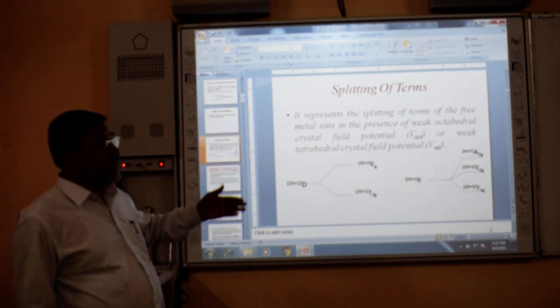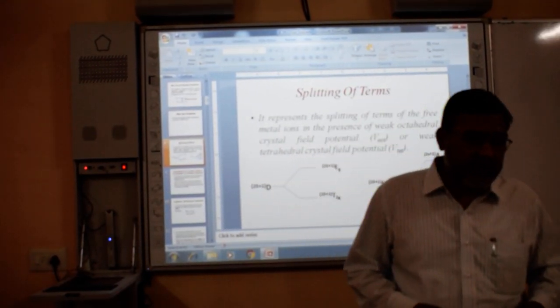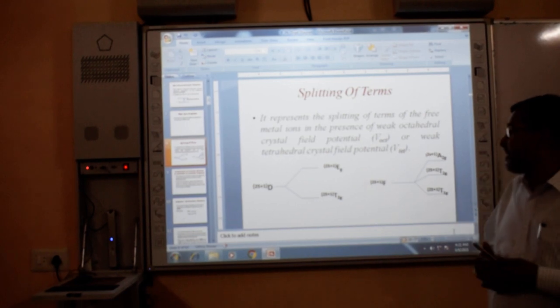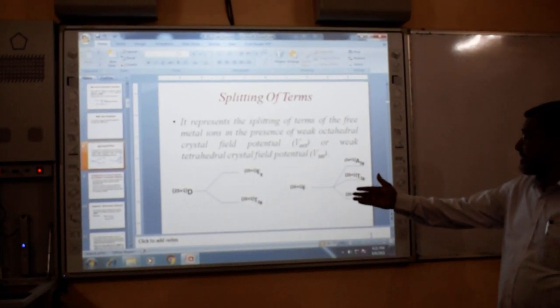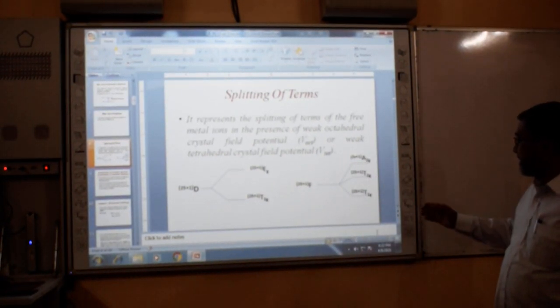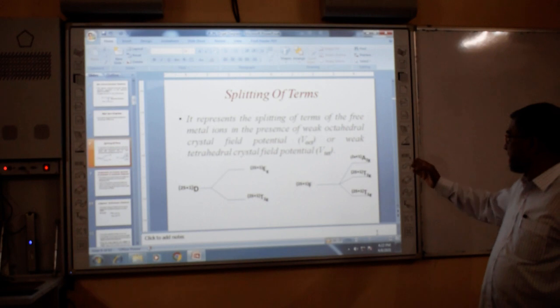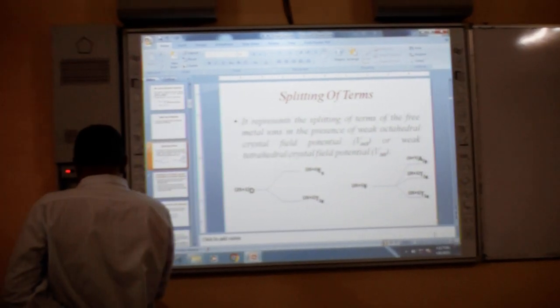This is how to understand the Orgel diagram. One has to understand the splitting of the terms. This is how the D term splits into T2g and Eg, and the F term splits into T1g, T2g and A2g in the octahedral field, and the inverse in the tetrahedral field.